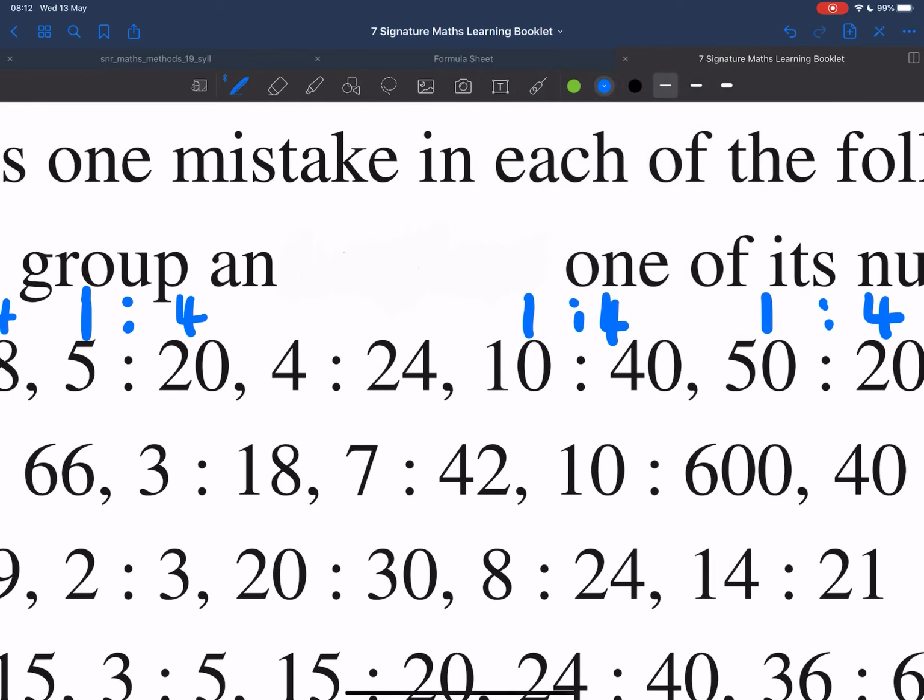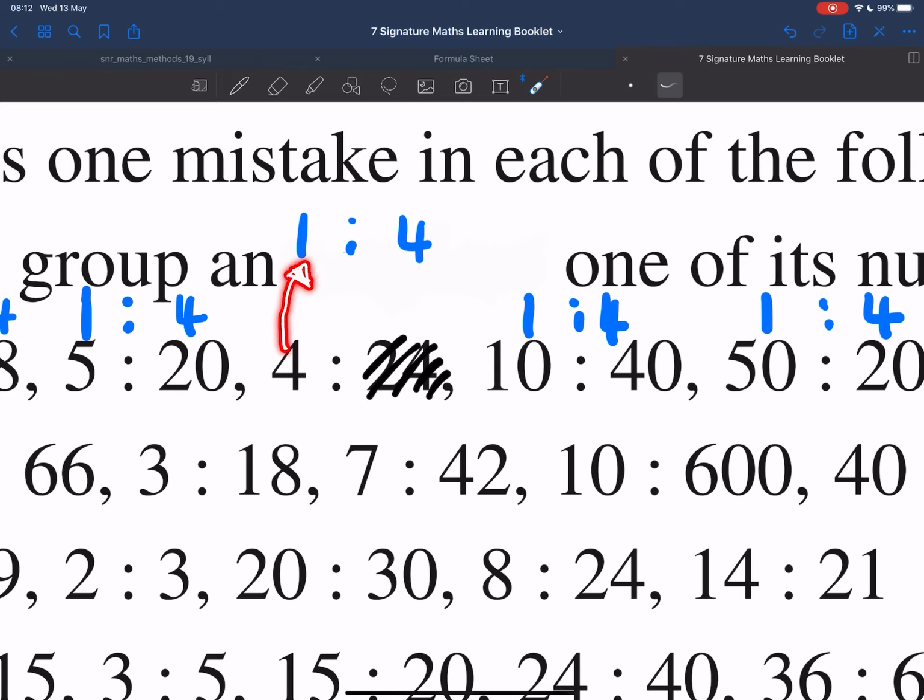So now we need to get to a solution where our answer is 1 to 4, right? So we just need to change one of these numbers. Okay. I'm thinking that we change this number here. So I'm going to go ahead and just put it like that. Now, how do I get from 4 to 1?